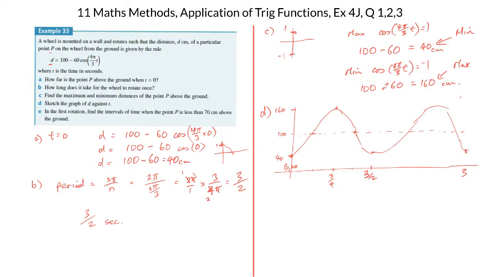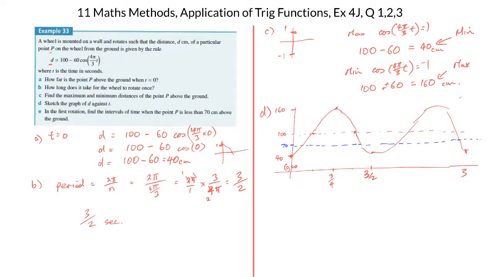And lucky last, in the first rotation, find the intervals of time when the point P is less than 70 metres above the ground. So 70 is halfway there, so find basically these points.